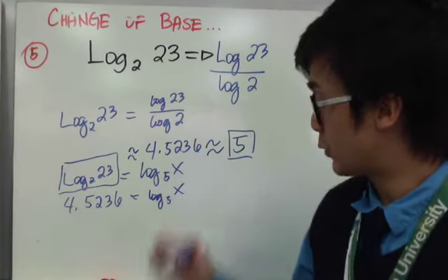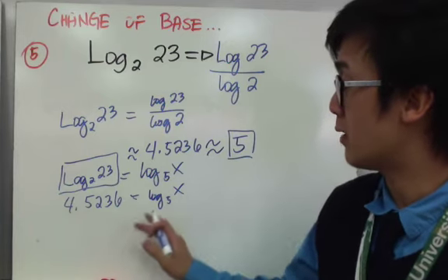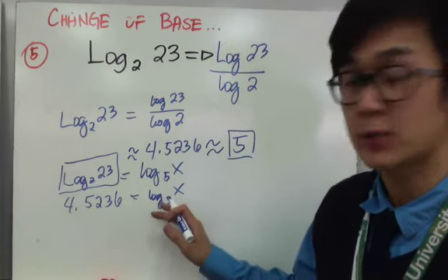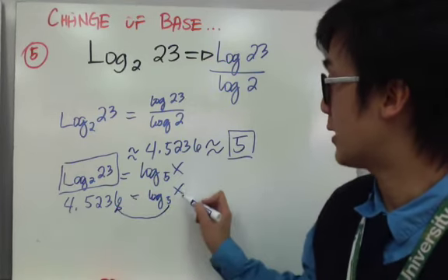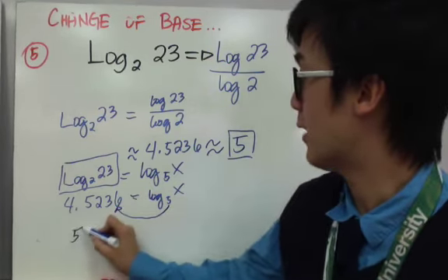And the last few steps would be to convert this logarithmic equation into an exponential function. So we have 5 raised to 4.5236 equal to x.